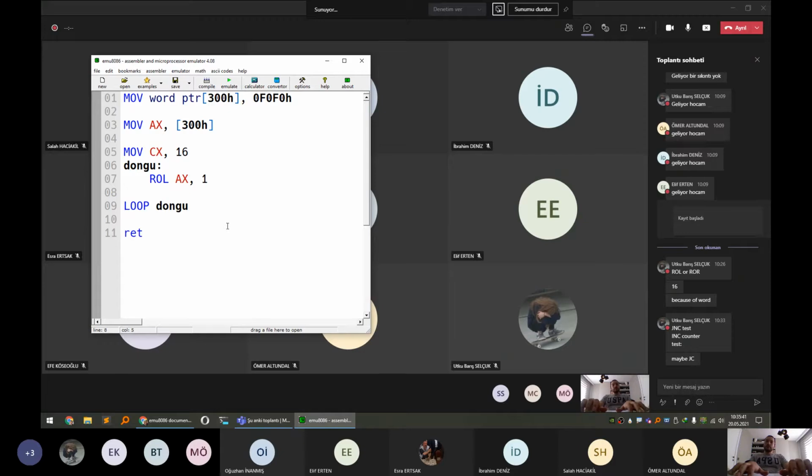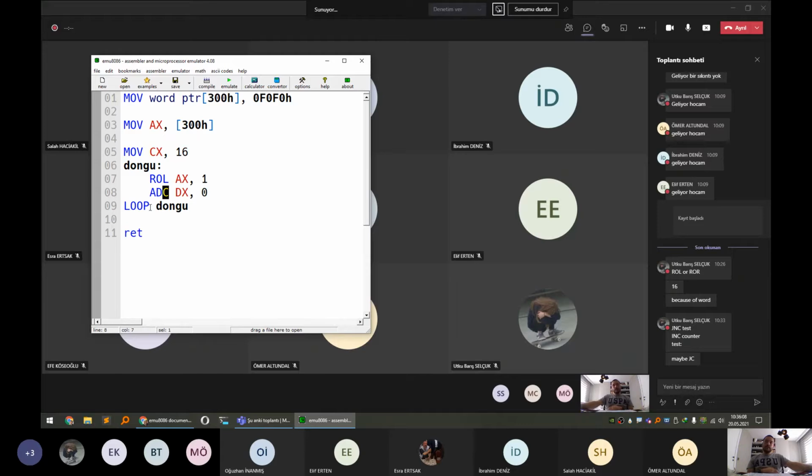I rotate 1, and I'm going to add to dx. I need to add the carry flag into dx. Remember, we have add with carry. I'm adding 0 into dx and also adding the carry flag into dx.